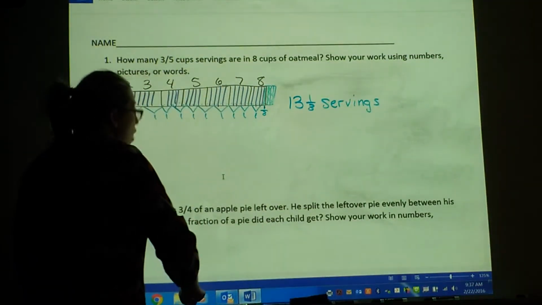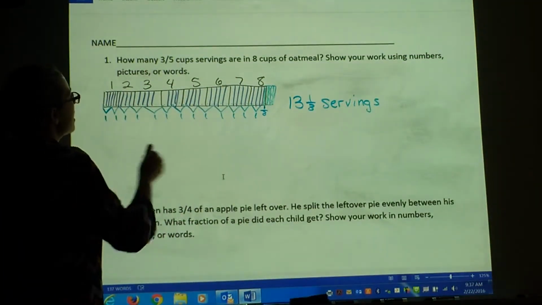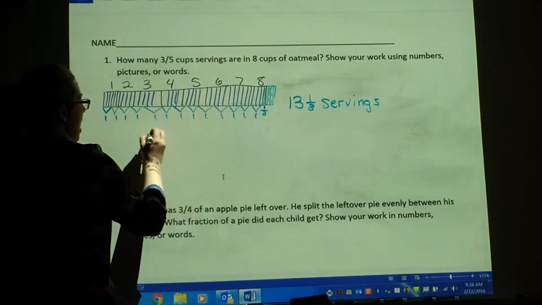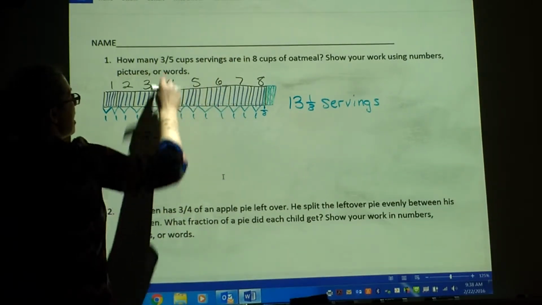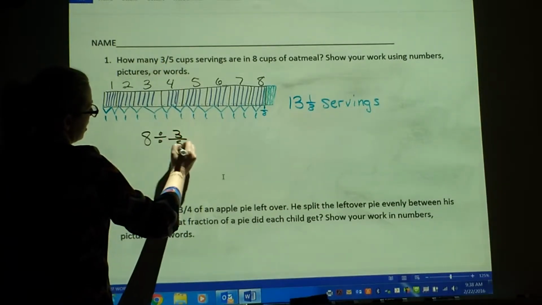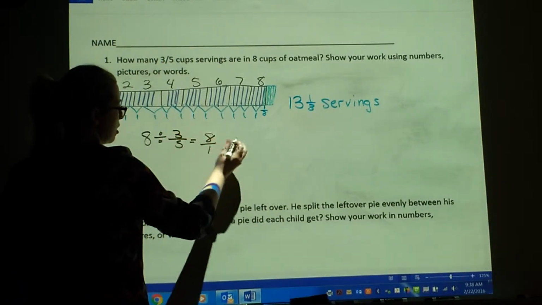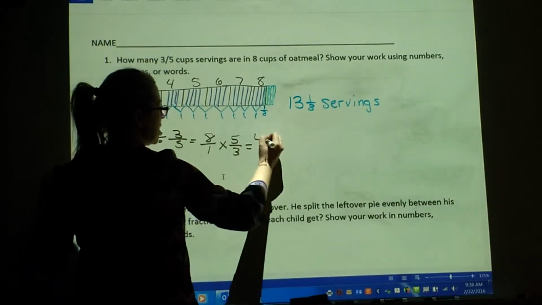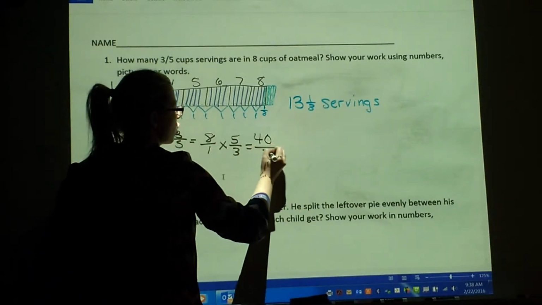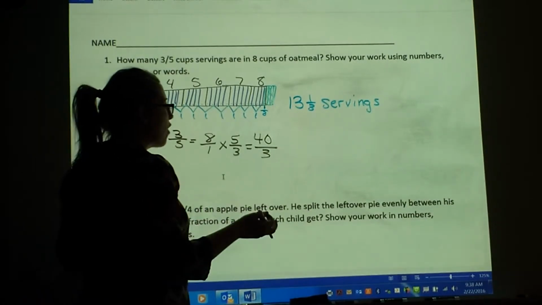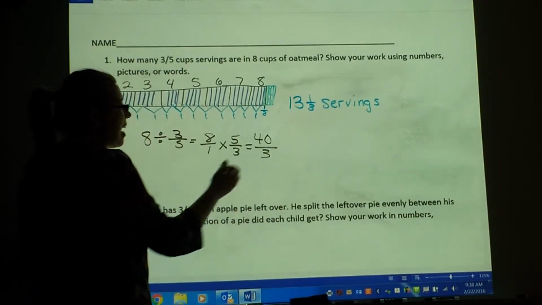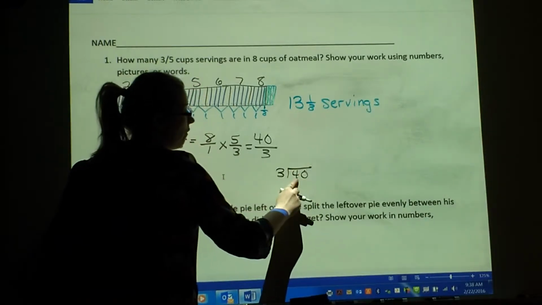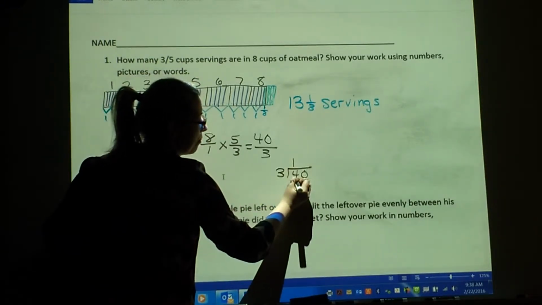Well, let's see how you solve just using numbers. Once again, what am I actually dividing out? I'm dividing out the 8 cups, and I'm dividing it into 3/5 servings. Keep, change, flip. 8 times 5 is 40. 1 times 3 is 3. 40/3 is an improper fraction, meaning I can divide it out and get out some whole numbers. 3 will divide into 4 one time.